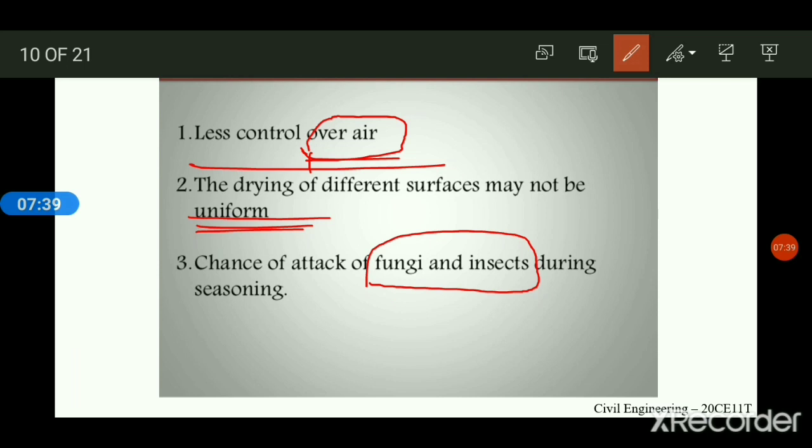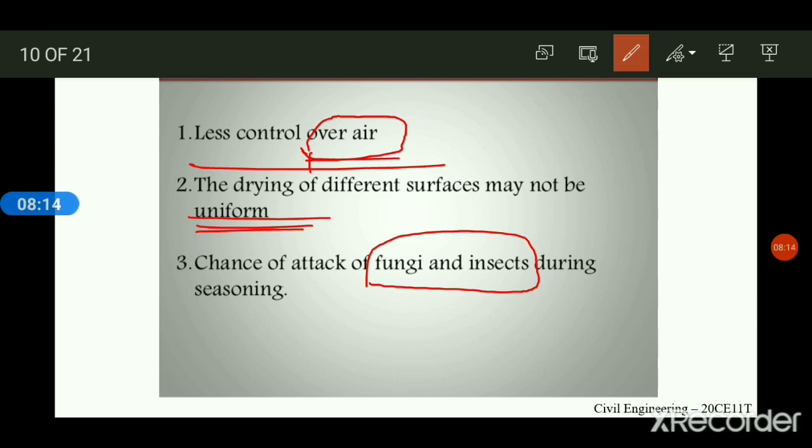This is due to the circulation of air not being proper. Some timber will not get proper circulation of air and it will not be seasoned naturally. That particular timber may be attacked by insects and it causes fungi. So those are the disadvantages in natural seasoning.